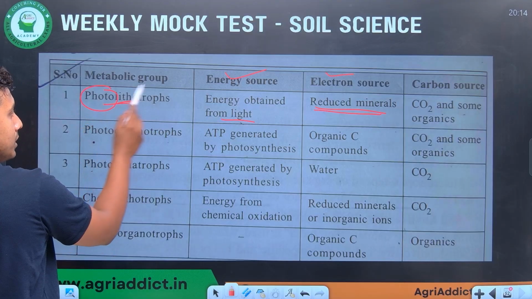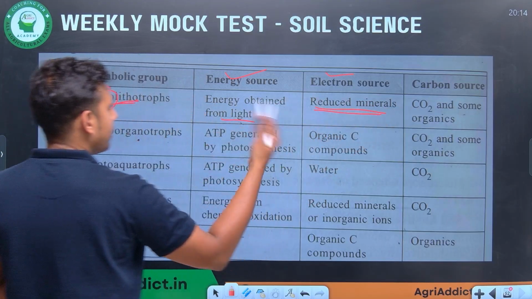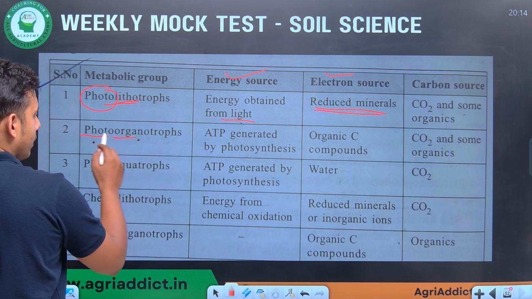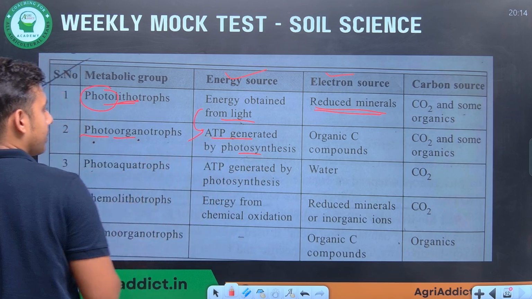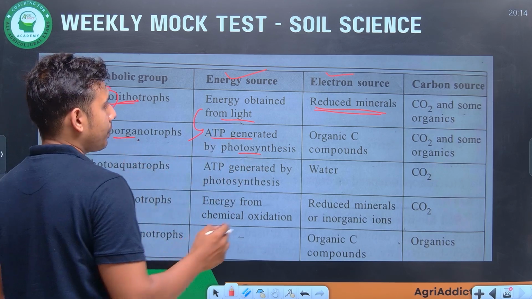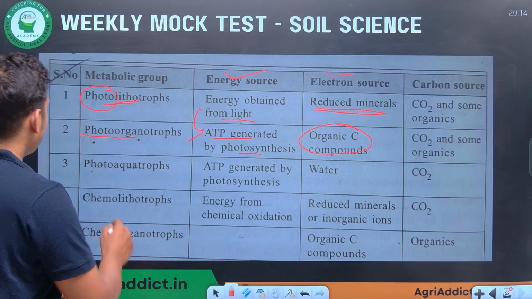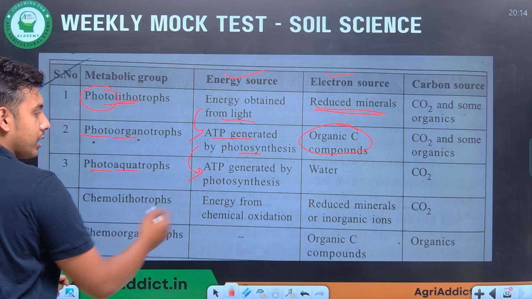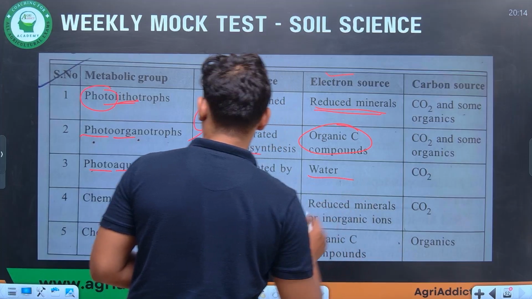Photoorganotroph: photo means ATP is generated by photosynthesis, like the previous one, and organotroph means organic carbon is the electron source. Now comes the photoaquatroph. It is similar. Photo means ATP generated by photosynthesis, and the electron source here is aqua, that is water.